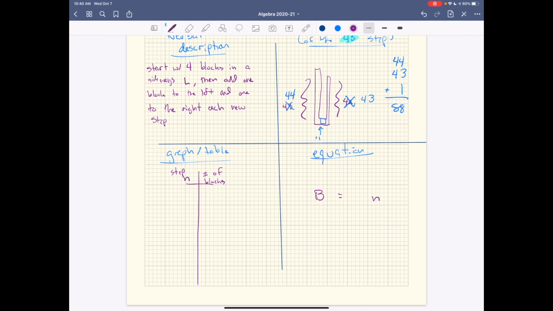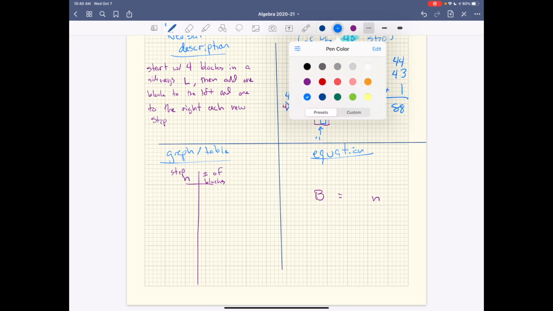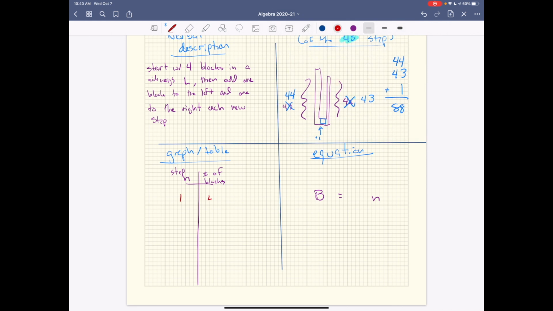Step 1 had how many blocks? 1 and 2 and 1. 4 total. Step 2? Step 3? What do we think step 4 will have? And we've already said we think step 43 has 88.